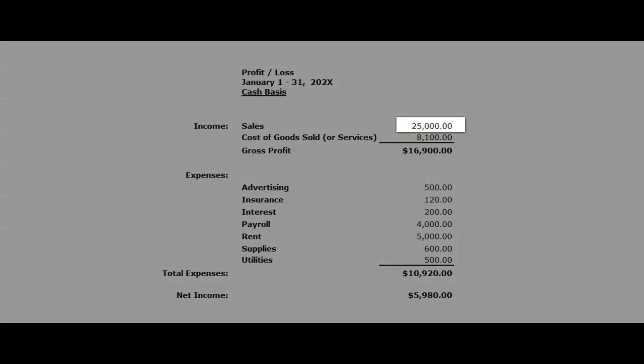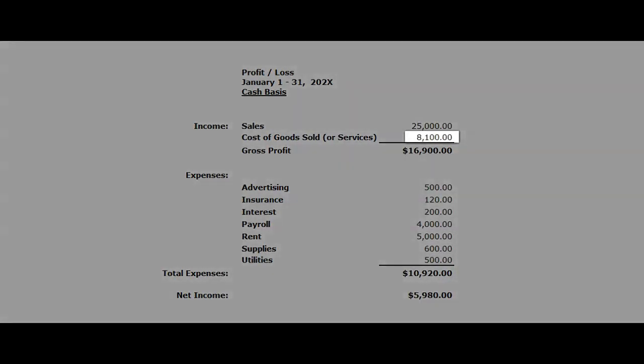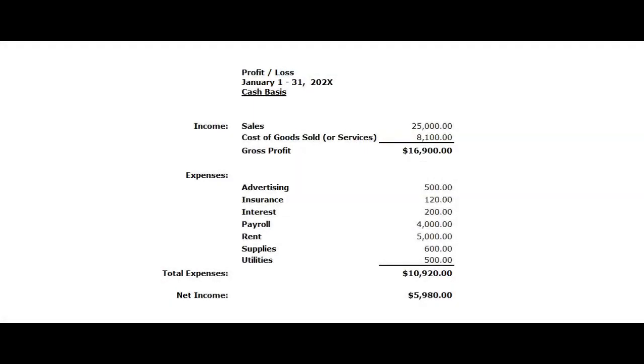So we show that there are sales of $25,000. From those sales are deducted costs of goods sold, such as items purchased to be resold, or cost of services. Say the business had to hire a contractor to complete work to finish the deliverables, to bring us to a gross profit of $16,900.